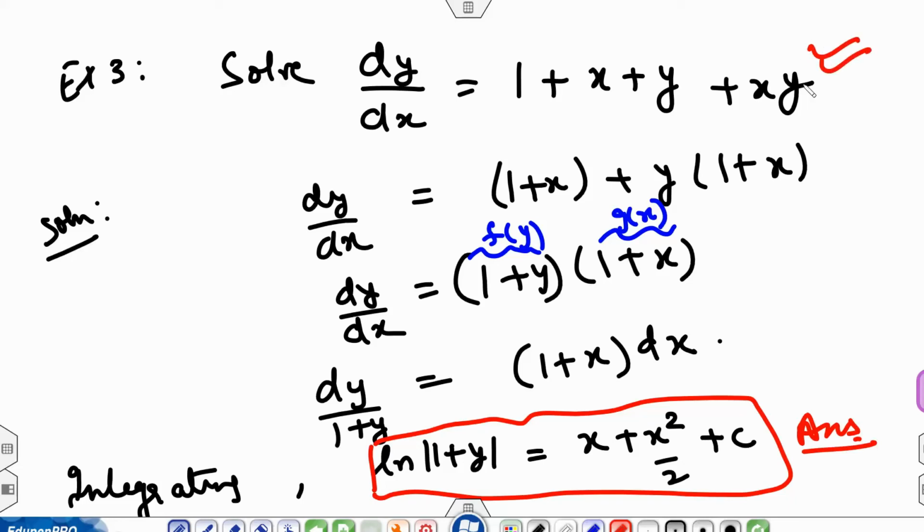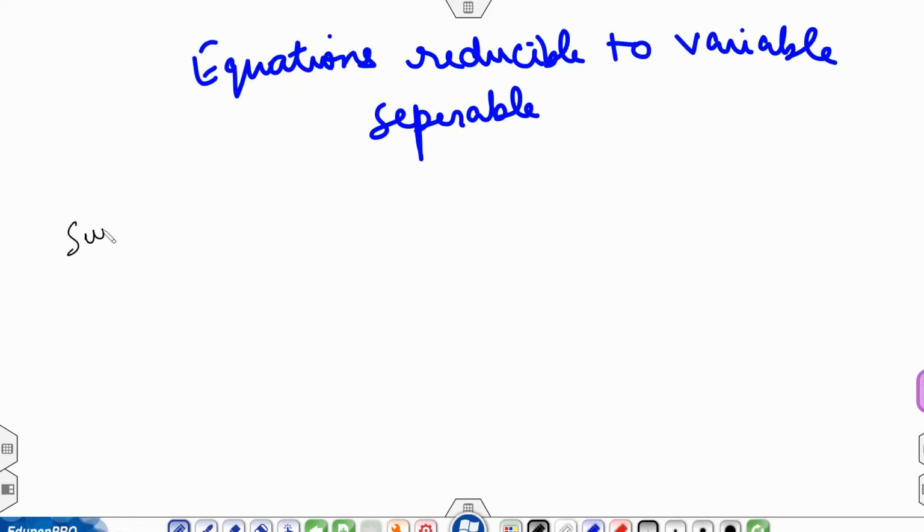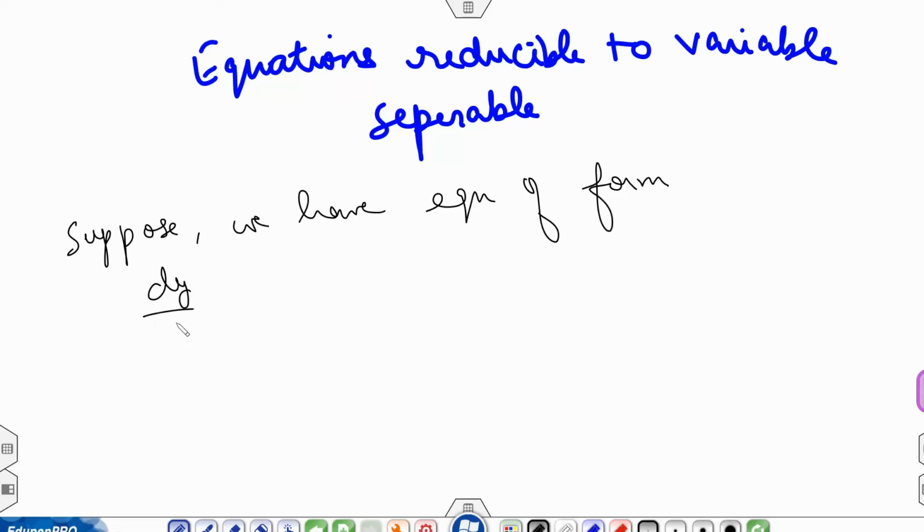So now let's move on to the next method. It's not a method, we just say equations which are reducible to variable separable. So I'll write the heading. Okay, so suppose that we have an equation of the form dy by dx is equal to f of, this is my differential equation, this is in general form.